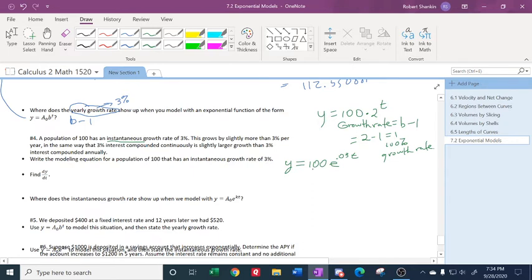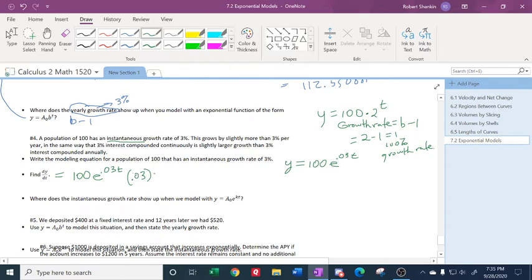Now, this next part will kind of explain why it has an instantaneous growth rate of 3%. Find dy/dt for this situation. Well, take the derivative of this with respect to t. The 100, derivative of e to the u, just like the practice quiz, is e to the u times du/dt, which multiplies by an extra 0.03.